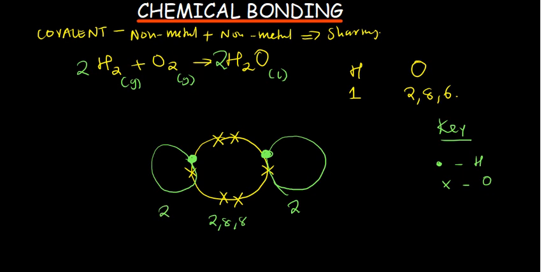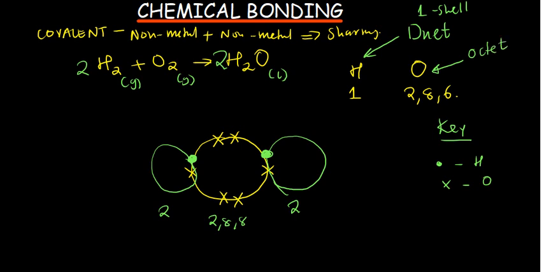When an atom is filled with 2 electrons in the outer shell to be stable, that's called a duet. Atoms with only one shell get stable when they fill the outermost shell with 2 electrons. But those which get stable when they fill the outermost shell with 8 electrons, we say octet.